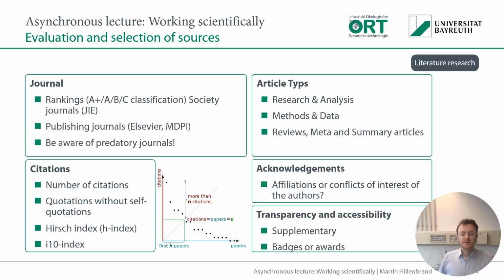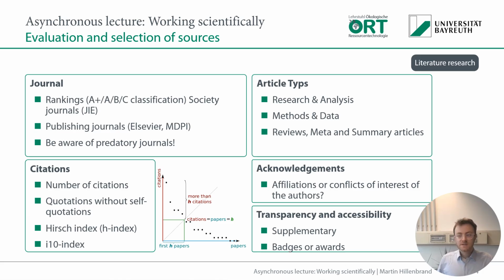And then there's also the I-10 index. So there's a lot of different indexing going on out there. Keep in mind that those can help you identify the high impact, high value papers you want for your thesis.